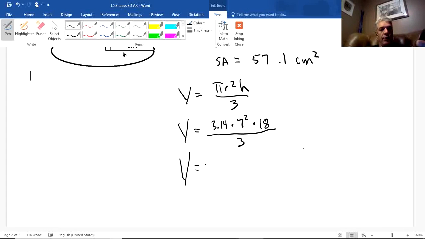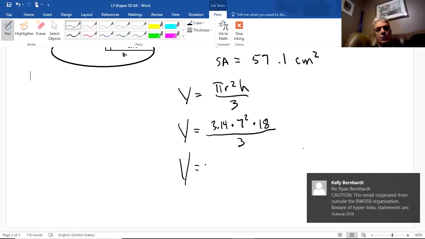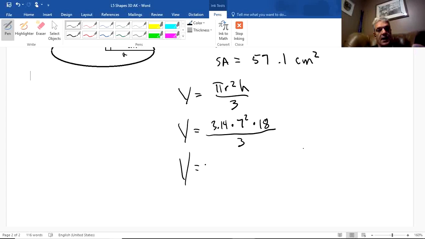So 3.14 times 7 squared, or you can do times 7 times 7, times 18. And then I often just say equals. Sometimes I like to write that answer down, and then I divide it by 3, but you don't have to.